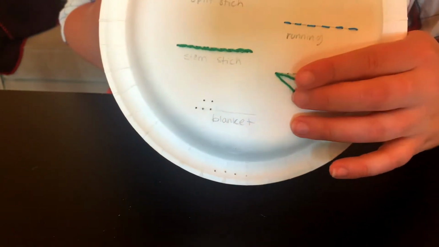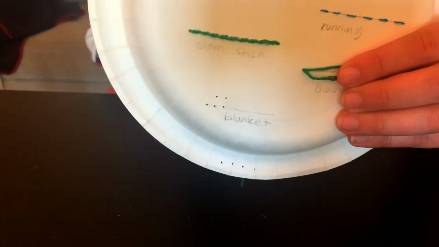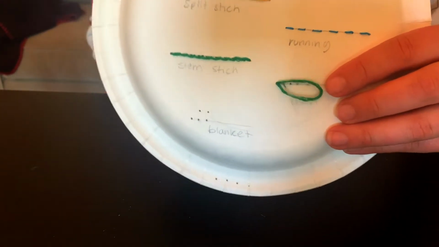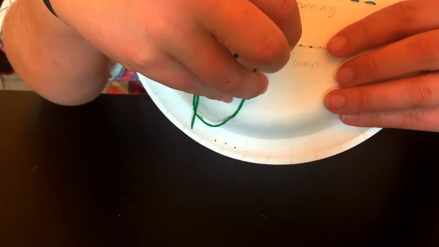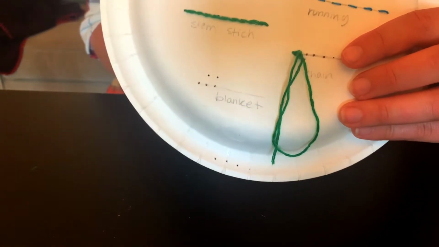So you're gonna have it over the next stitch, kind of, you can put the loop over your line, and then you're gonna come up right through that loop. You're gonna pull, and then you're going to go back again right through that same hole.